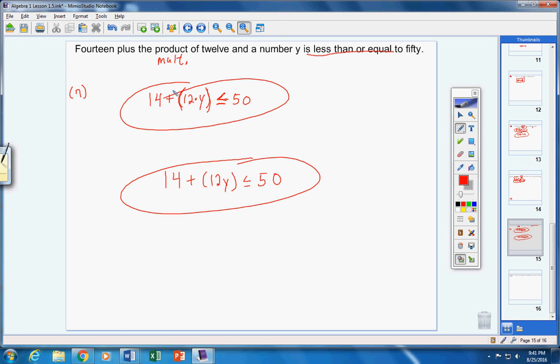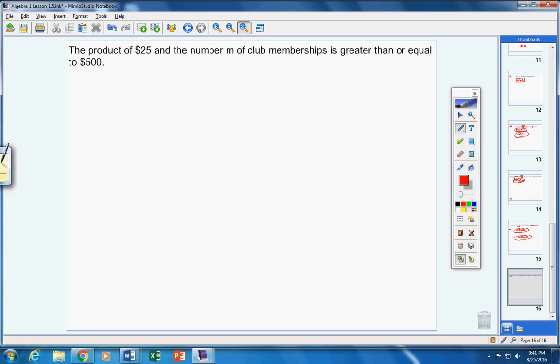Okay? Alright, number 8, last one. Please copy that in your notes. The product of 25 and the number m of club membership is greater than or equal to $500.